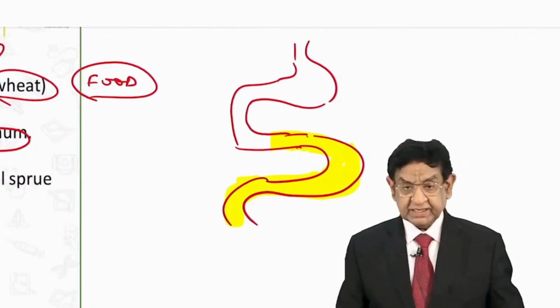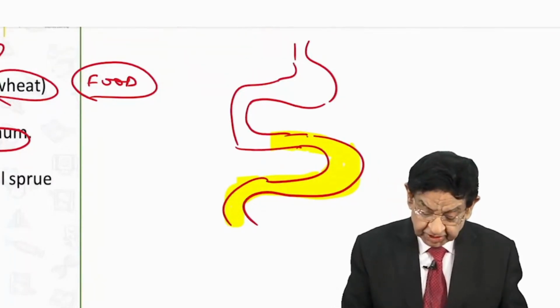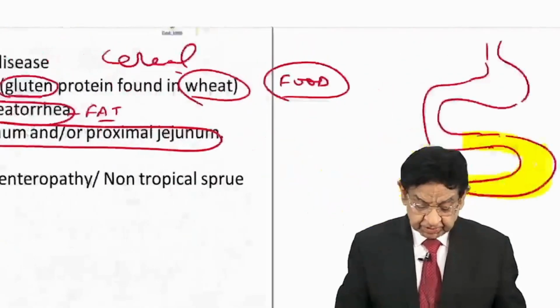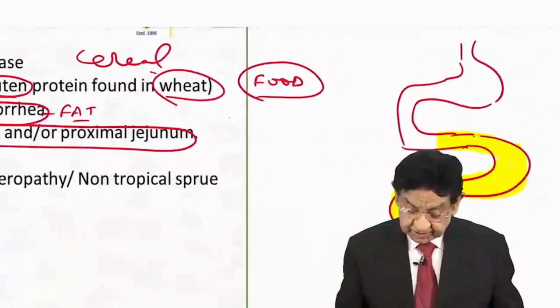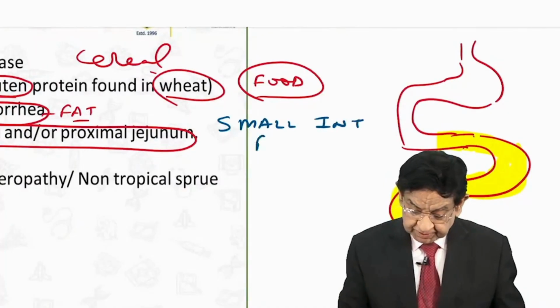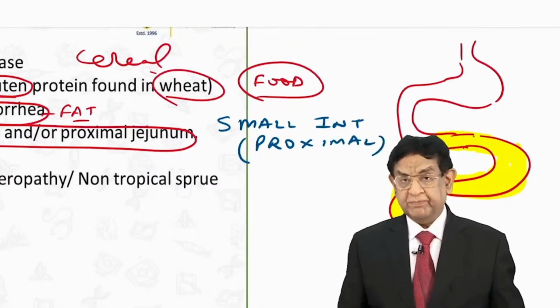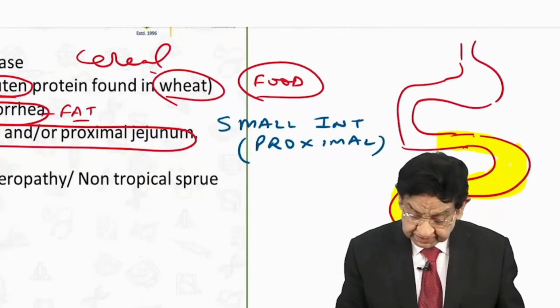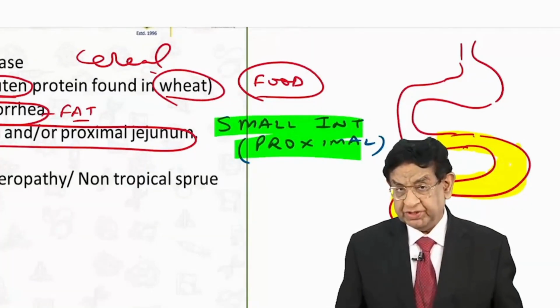We can also write it the other way around: it tends to involve the proximal part of the small intestine. So we can write it like this: it involves the small intestine, proximal part. This is a very important point. Proximal part of the small intestine is the key word to be remembered.